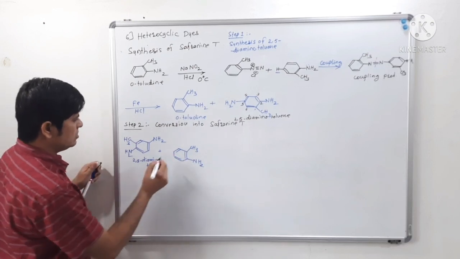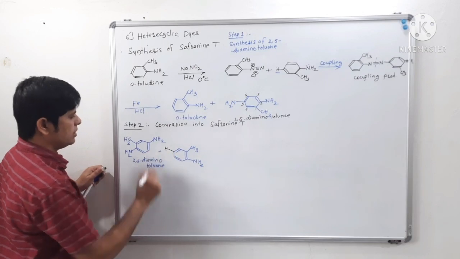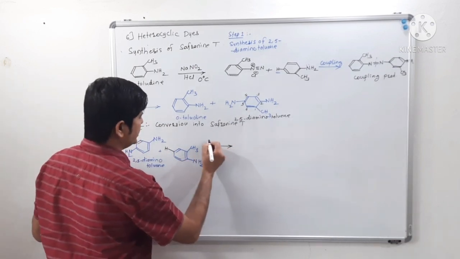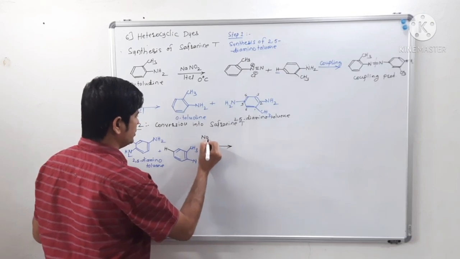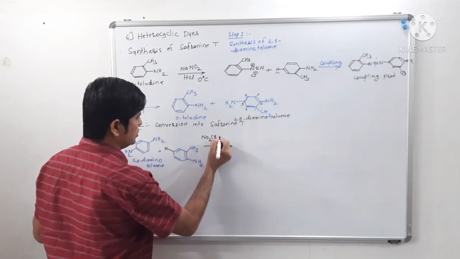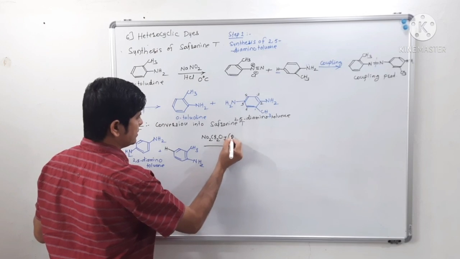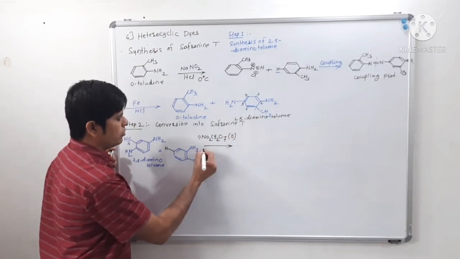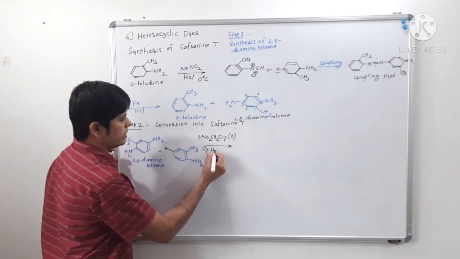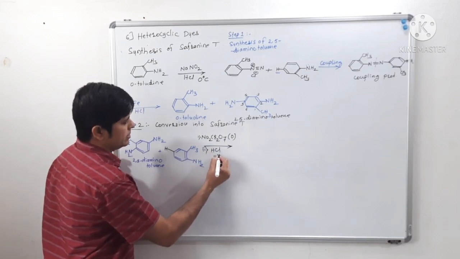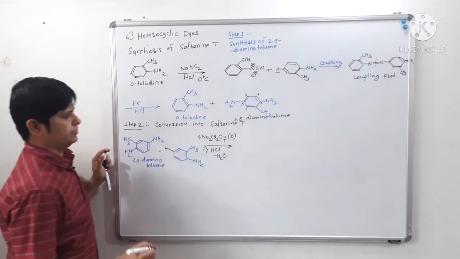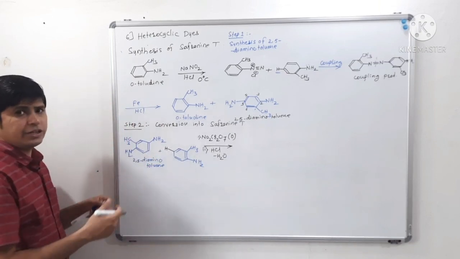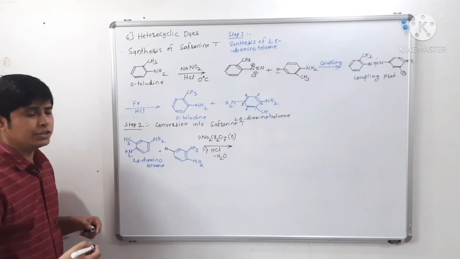There will be oxidation by using sodium dichromate, followed by reaction with hydrochloric acid, and there will be a loss of a water molecule. So there will be oxidative coupling here.